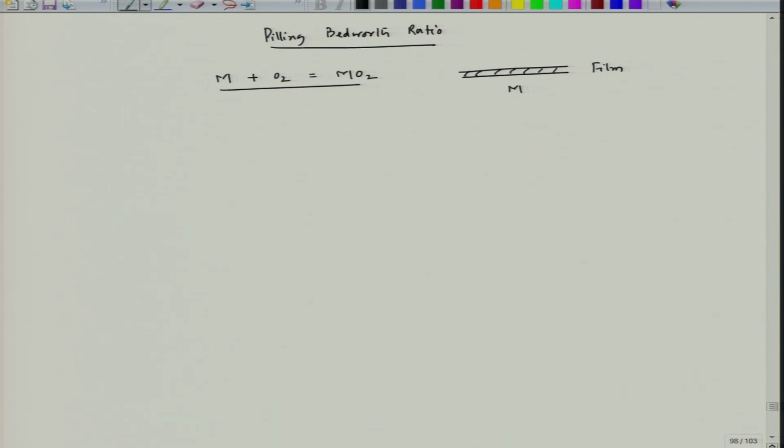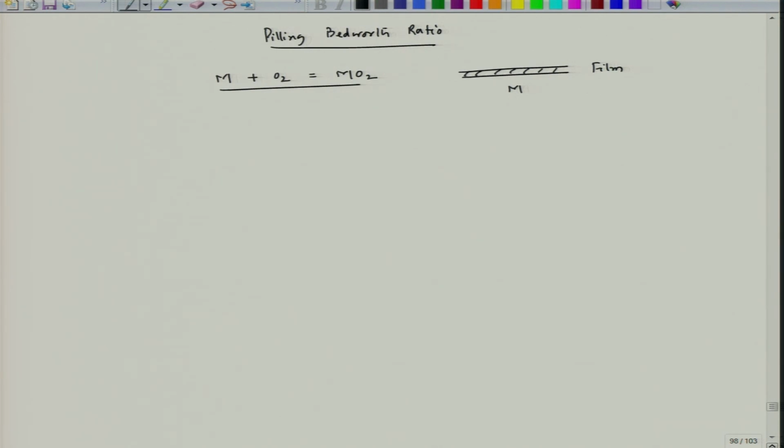Whether it will cover the entire surface or not is decided by the volume of the metal oxide that is forming on the metal. When the metal gets oxidized, it forms metal oxide, and if the volume of that metal oxide is less than the volume of metal consumed for oxidation, then of course the metal surface will not be covered completely by the metal oxide.